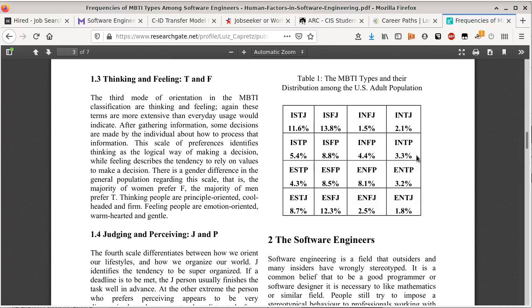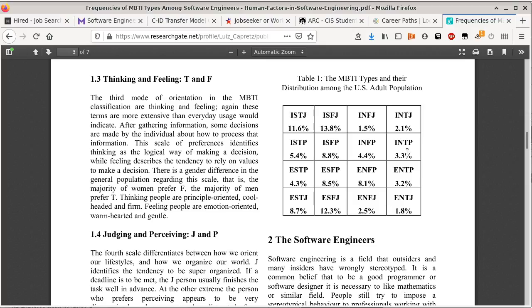Not quite the rarest, because there are types that are even more rare, like INFJ is only 1.5%, INTJ is only 2.1%, ENTP is 3.2%, ENTJs are 1.8%, ENFJs are 2.5%. So those are all the even more rare personalities compared to INTP.